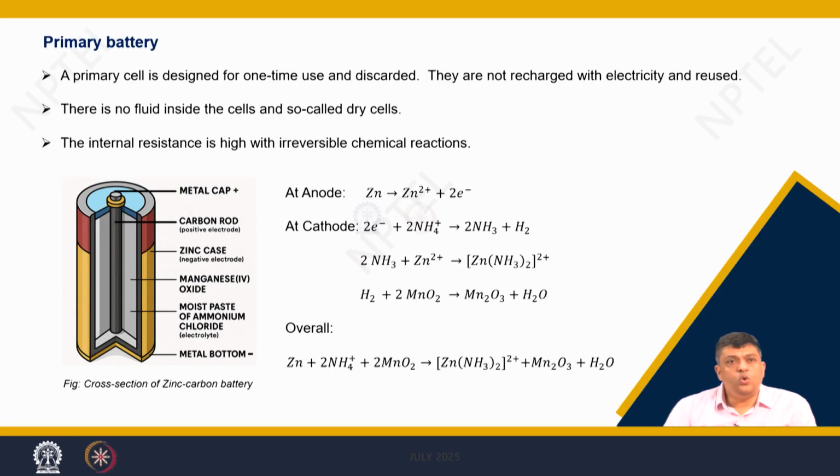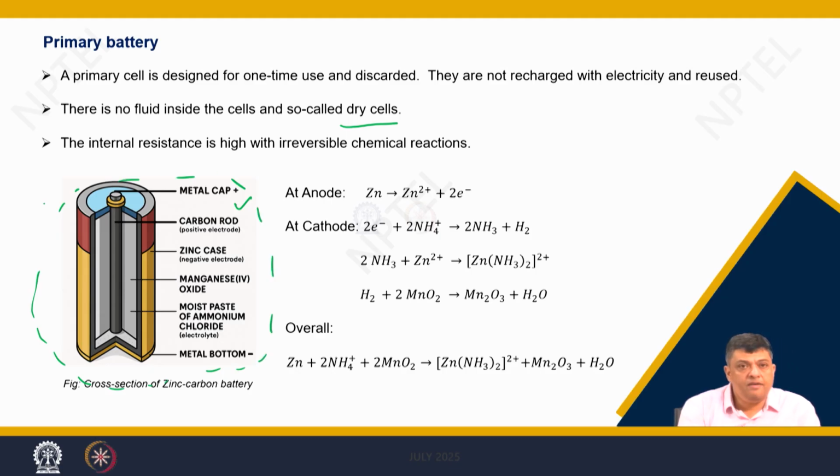If you look into the primary battery, you will find that they are mostly dry cells. So, they are not using any electrolyte which is fluidic. So, you will have an architecture which is given in this figure.